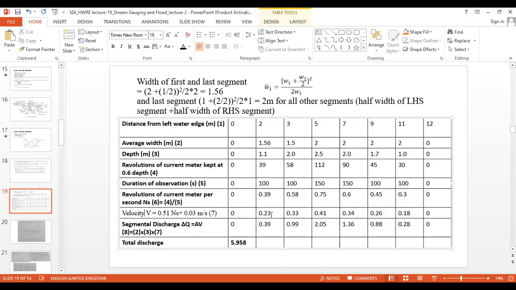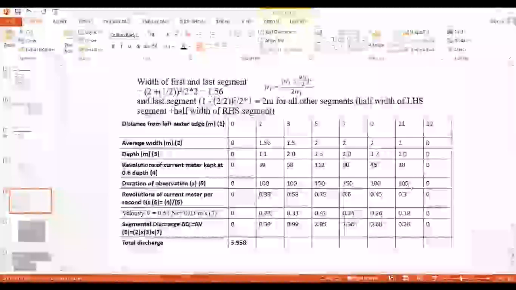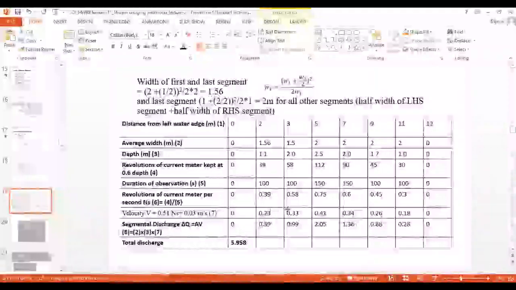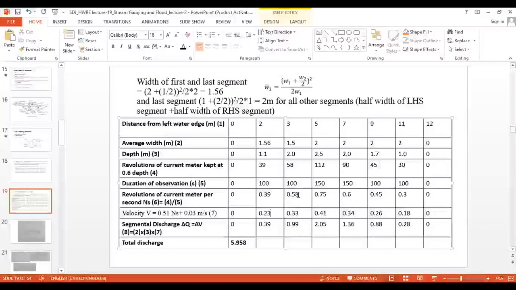That is 0.51. Now, putting the magnitudes of ns: for the second case it will be 0.58, so 0.51 into 0.58 plus 0.03 gives us a value of 0.33. Then the next one, ns is 0.75, so 0.75 into 0.51 plus 0.03 gives us 0.41.